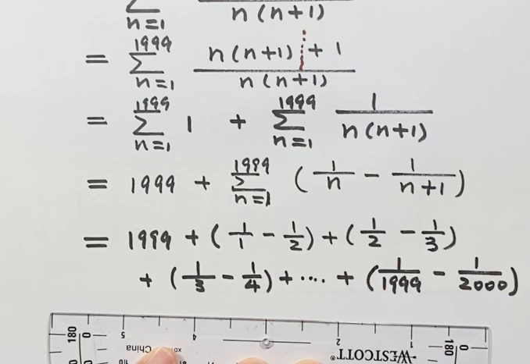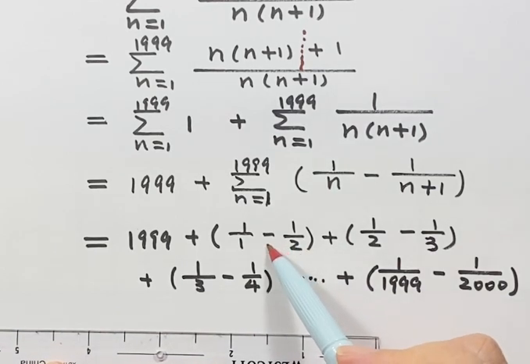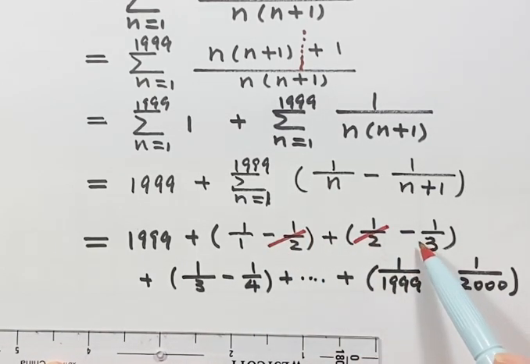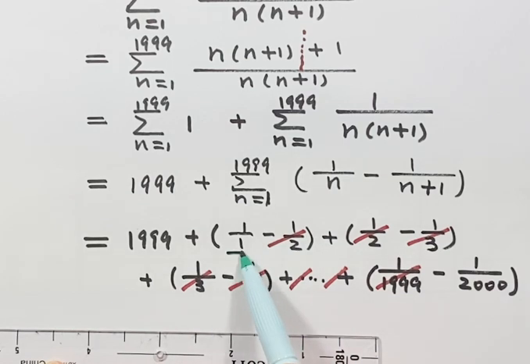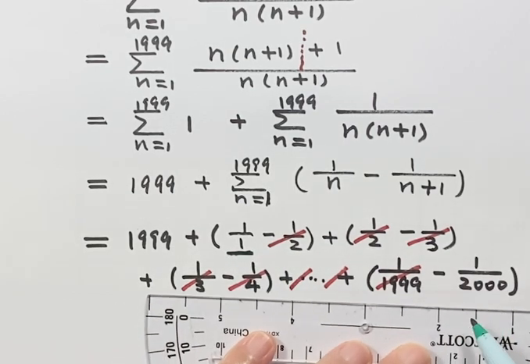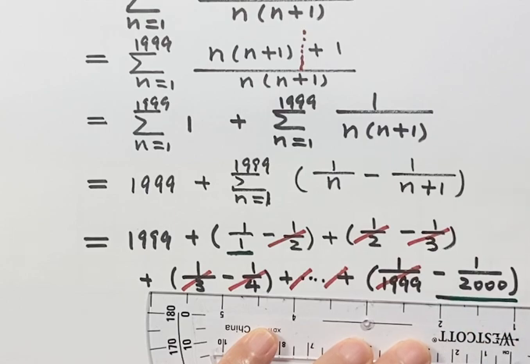Now you can see, this one and that one cancel. Negative 1/3 and 1/3 cancel. So this one and the one right after it cancel. So 1 over 1999 cancels with the term before. So the only terms left are the first term and the last term.